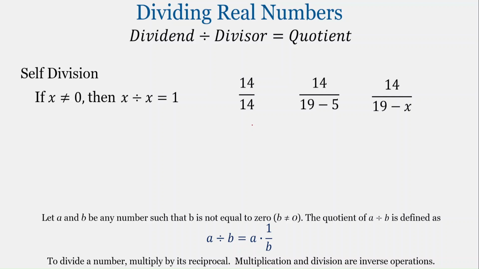So 14 divided by 14, that's 1. If we have some math beforehand, we have 14 over 19 minus 5, and 19 minus 5 is 14. So that's equal to 1. And when x is equal to 5, we have 14 all over 19 minus 5. That's 14 over 14. And that's equal to 1.